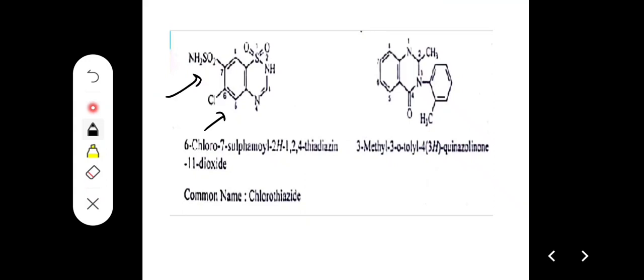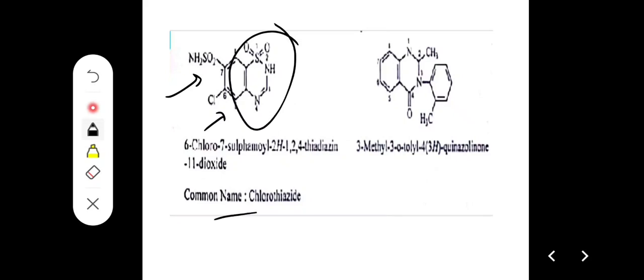The 7 carbon bears NH2SO2, that is the sulfamoyl group, and there is 2H-1,2,4-thiadiazine 1,1-dioxide. 2 hydrogens are added in this structure, that's why we term it 2H.